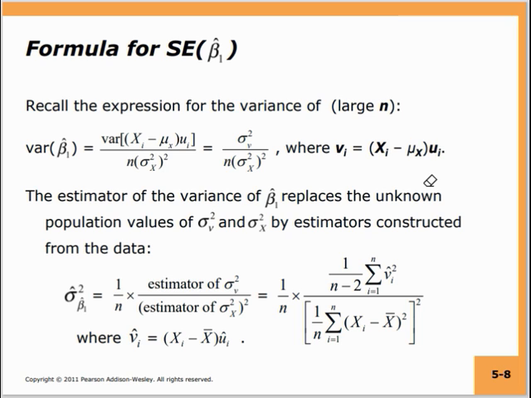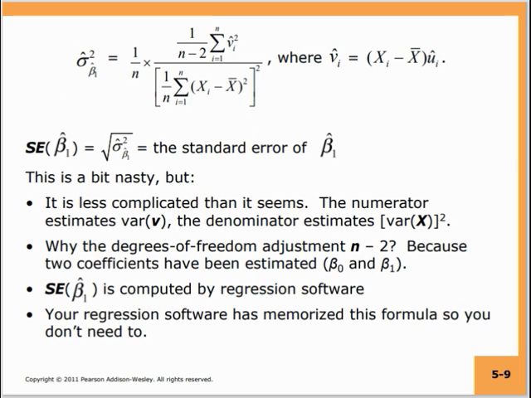For each value of i, yi minus yi hat will give you the values of ui. So this is the variance of beta 1, which you can calculate. Given this variance, the standard error is the square root of it, which is the standard error of beta 1 hat.